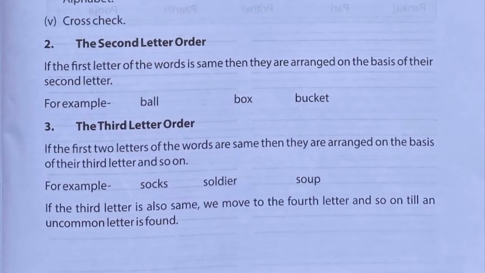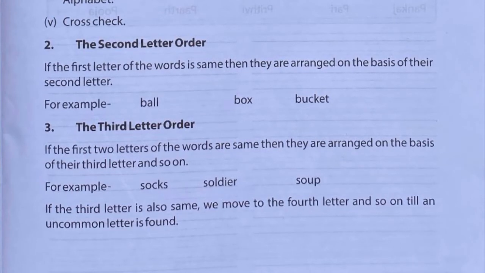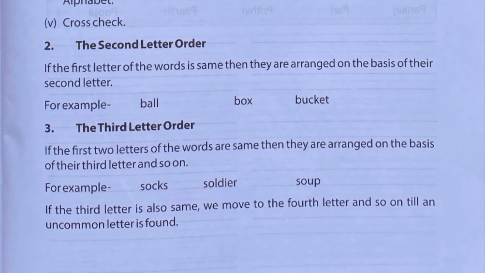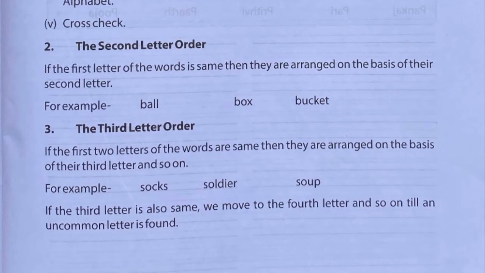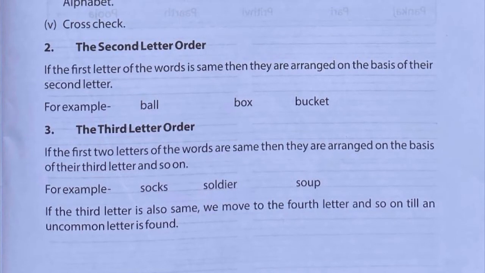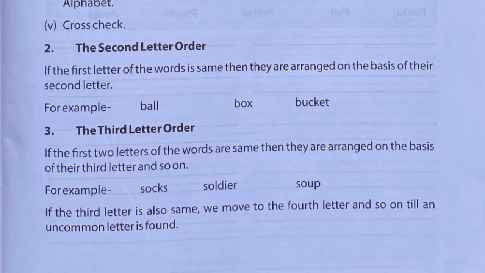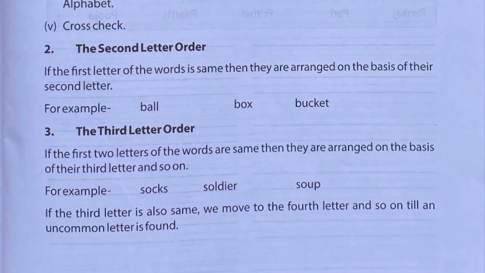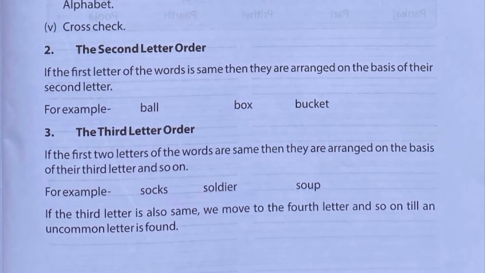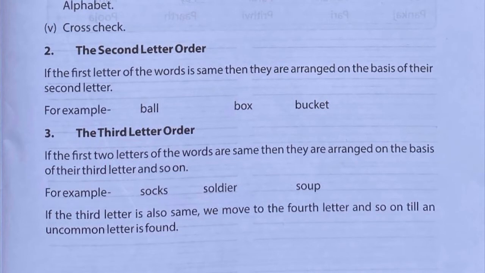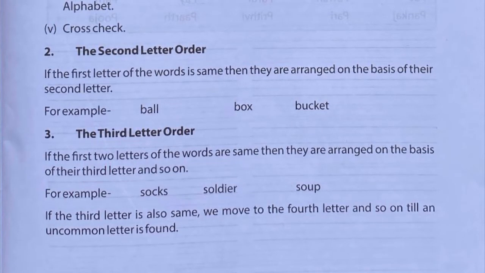Next, if we talk about second letter order, here, as you can see in your book also, the first letter is given the same, and if the first letter is the same, then we have to move on to the second letter to arrange them into alphabetical order. Okay, the same thing they have told here also.